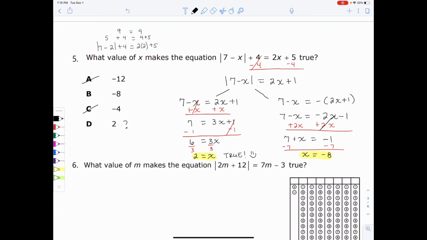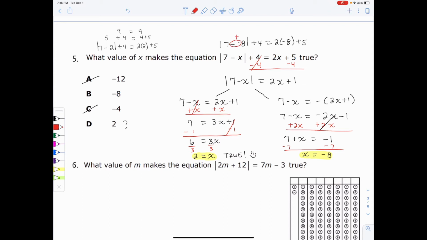Okay, so let's see. If I plug in -8 in place of x, that would give me the absolute value of 7 minus a -8, plus 4, equals 2 times -8 plus 5. All right, let me keep simplifying. A double negative makes a plus, so that's really going to be 7 plus 8. 7 plus 8 is 15.